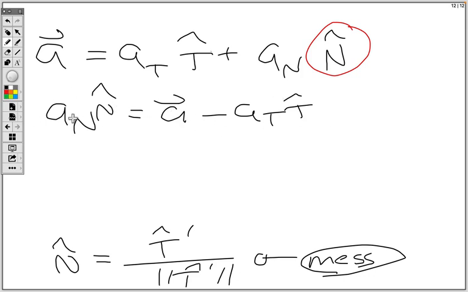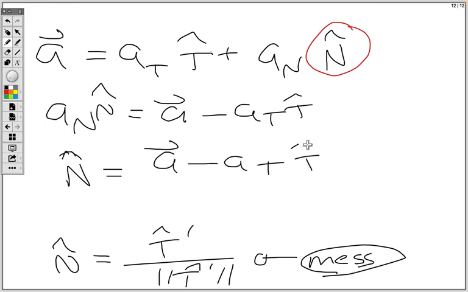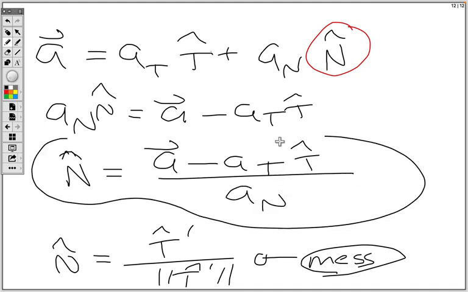And then a_N, remember, is the product of 2 magnitudes, which means it's always positive. So we can go ahead and divide by a_N. And this, at least when I went through the answer key on the take-home, is how I found the N hat, as opposed to trying to brute force my way through those derivatives. Okay. All right.